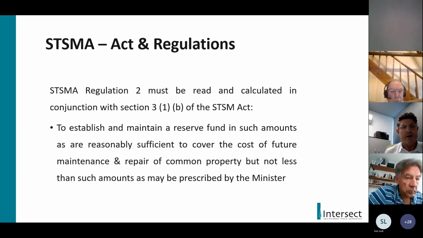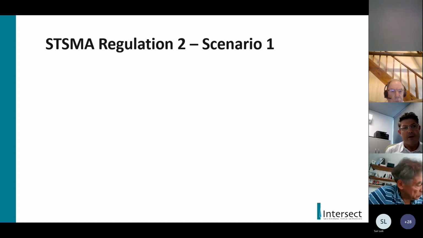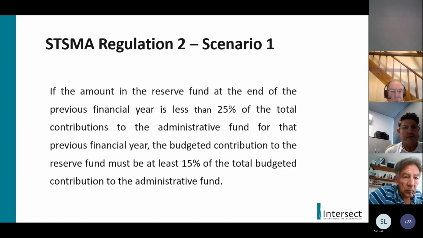So here we're looking at Regulation 2, and there are 3 scenarios to consider. Scenario 1 is the following. If the amount in the reserve fund at the end of the previous financial year is less than 25% of the total contributions to the administrative fund for that previous financial year, the budget contribution to the reserve fund must be at least 15% of the total budget contribution to the administrative fund.